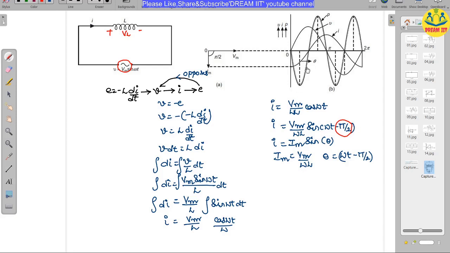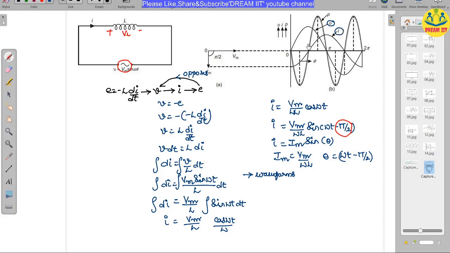That is what we can see if we draw it. Let us see the waveforms now, as I said in the previous style. If you observe the waveforms here, this is the voltage waveform and this is the current waveform. To show the phase difference, see the zero point of the voltage waveform and the zero point of the current waveform.